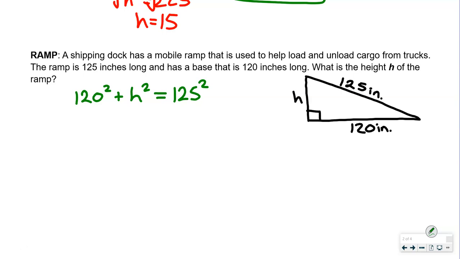So 120 squared will give us 14,400. Let's make that look more like a 4. 14,400 plus h squared equals, and then 125 squared is 15,625.